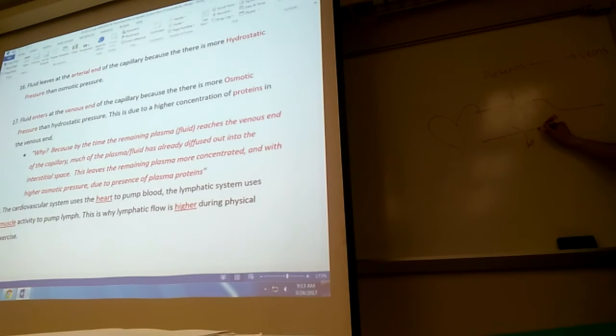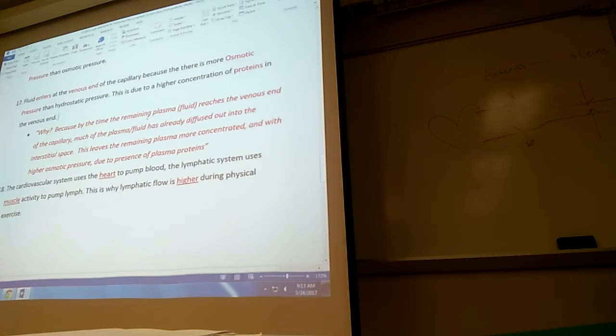But at the venous end, I'm just drawing these smaller because the fluid is leaving, right? But fluid enters at the venous end. I think this was in one of your cardiovascular worksheets. This is because there's more osmotic pressure than hydrostatic pressure, and this is due to a higher concentration of proteins.